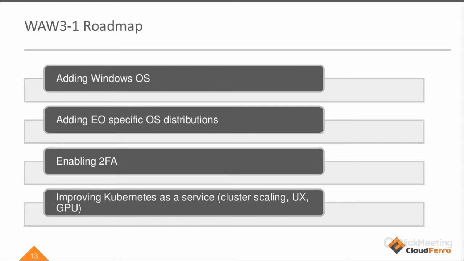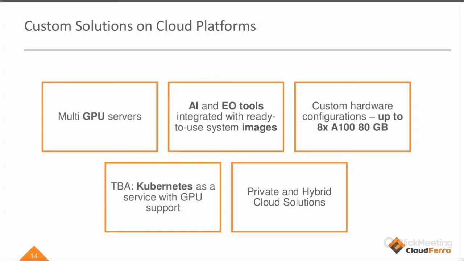We'll be adding GPU support for the Kubernetes as a service. So again, you'll be able to launch very quickly GPU-powered Kubernetes and start the tools there. And there are some user experience improvements there. So again, you will be able to run the cluster faster and easier and in a more reliable way. So this is the roadmap for the next 1 or 2 months. And on all our platforms, because this is not only WAW3-1 but also our private clouds and hybrid clouds deployments.